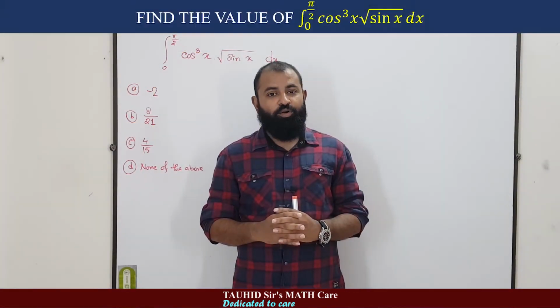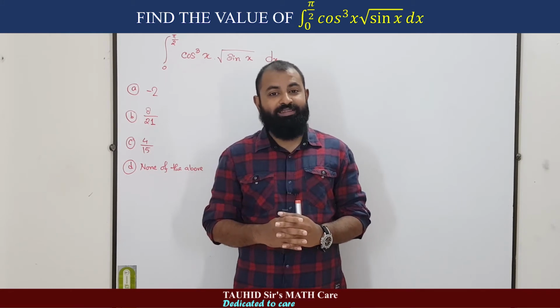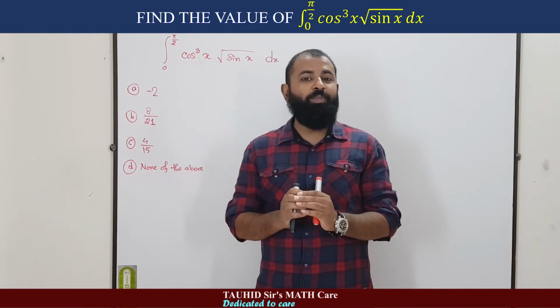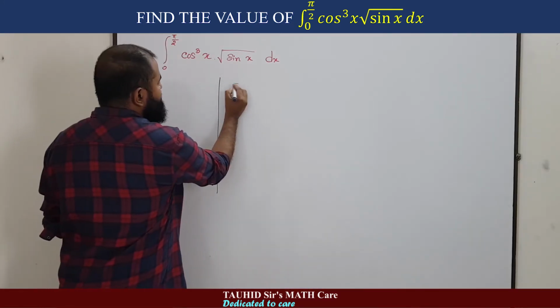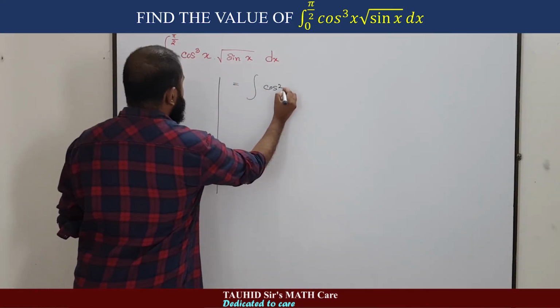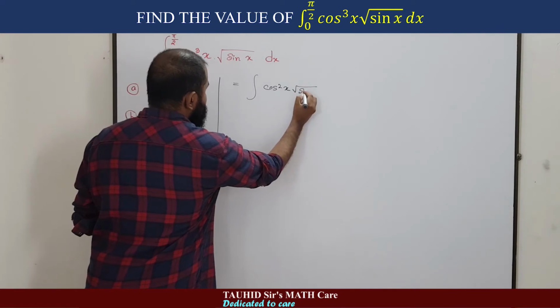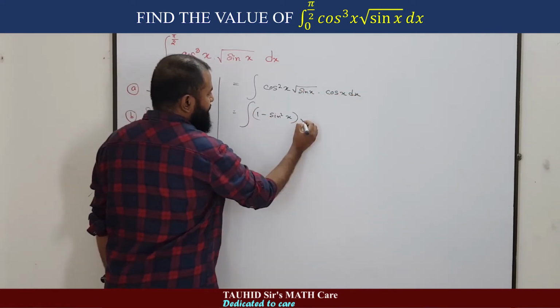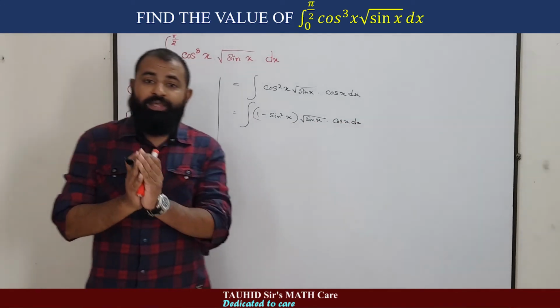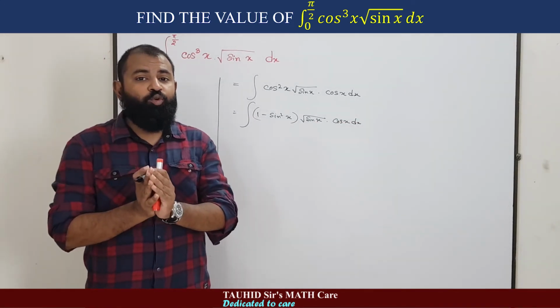You know that for finding the integrals, we need to assume something so that another part of this integral becomes dy/dx. We can rearrange this as integration of cos square x root sin x into cos x dx. Now, what about the assumption? What should be assumed to be z?